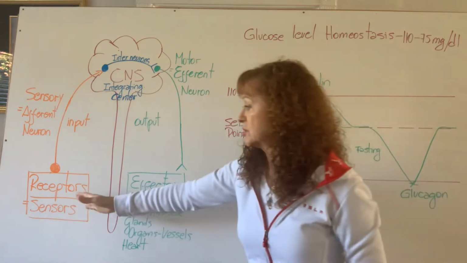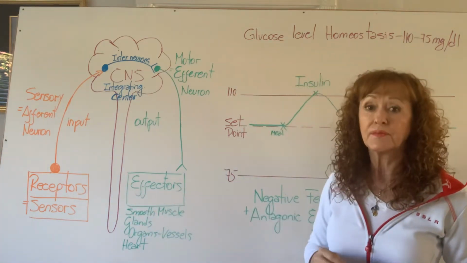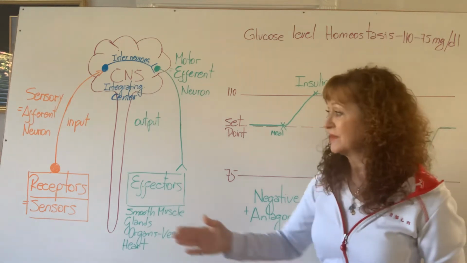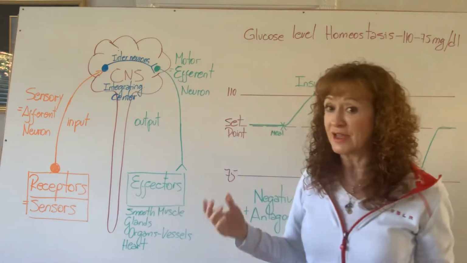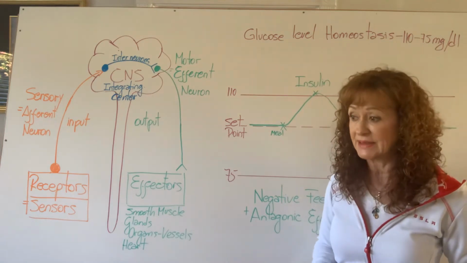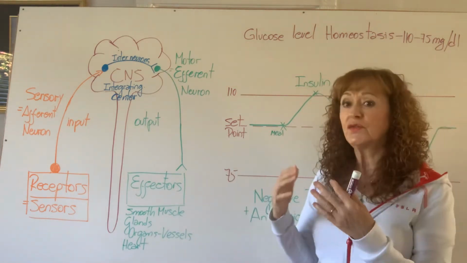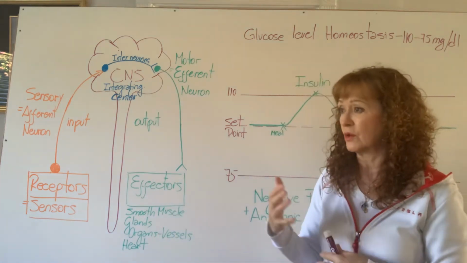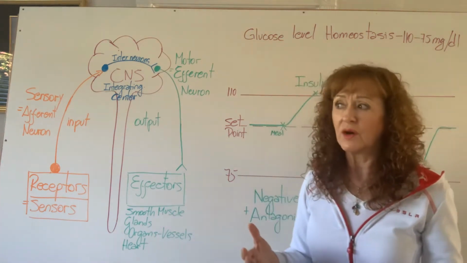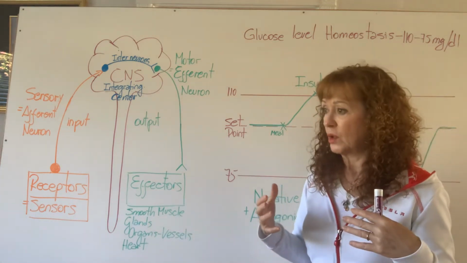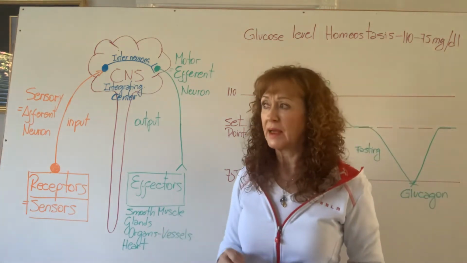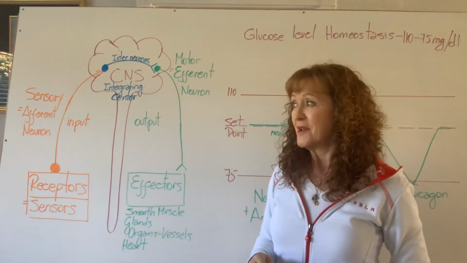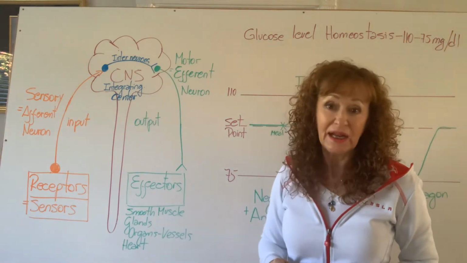Sometimes the sensors and effectors are located in the same place, and most of the time the receptors and effectors are located in different places. Also, in order to fix one of the values that I just mentioned, either hormones or blood pressure or blood volume or heart rate, the list is very large.